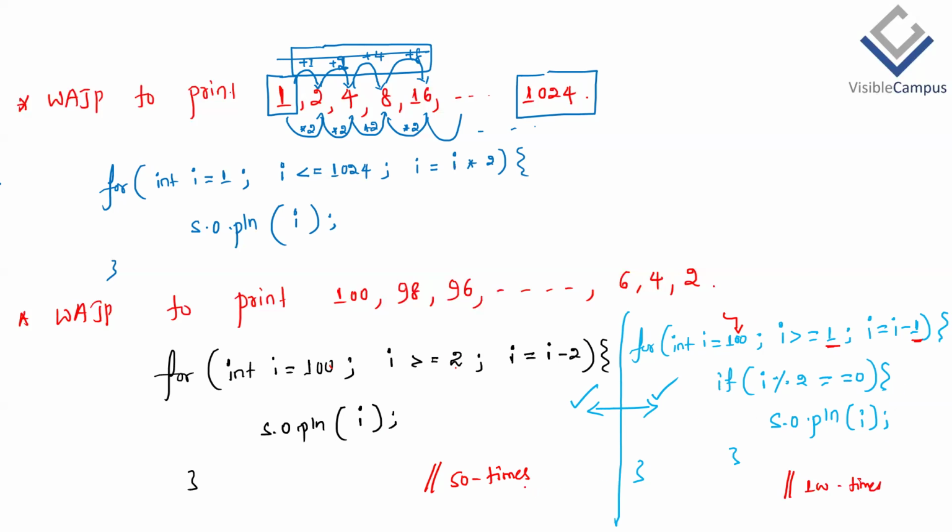Then running the loop for 100 times is better, or running it for 50 times is better for the same requirement? 50 times is better because of faster execution. That is why this is the recommended logic. This is correct syntactically, but not recommended. Understood?